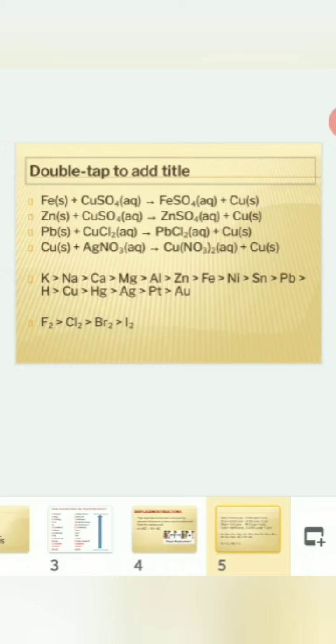So this is the reactivity series of the metals. And if you take halogens like fluorine, chlorine, bromine and iodine, the reactivity in the decreasing order will be fluorine, chlorine, bromine and iodine. Halogens means salt forming. So halogens are fluorine, chlorine, bromine and iodine.